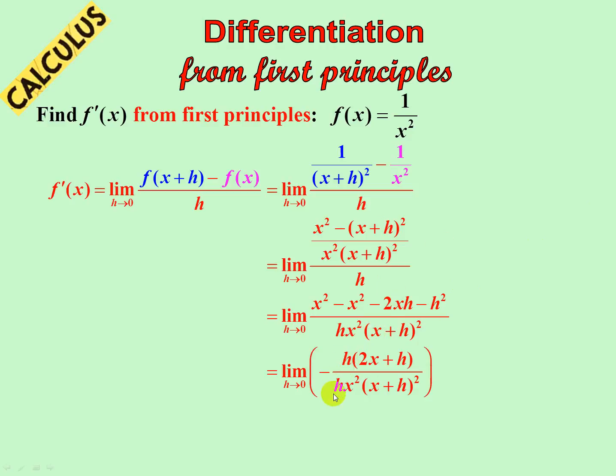That h and that h can cancel. These h's can't. That's one of two terms. That's one of two terms. Limit all the way down, but now we can substitute 0 there, 0 there. So we'll end up with 2x over x to the 4, negative 2x over x to the 4, which simplifies to 2 over x cubed, negative.